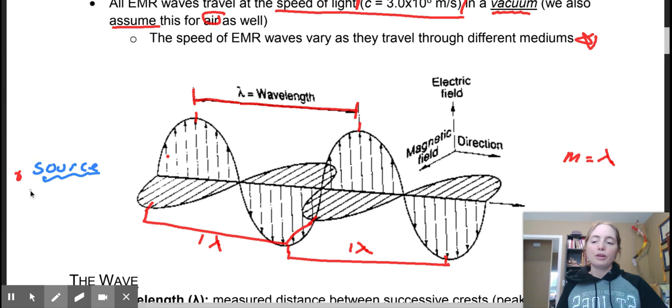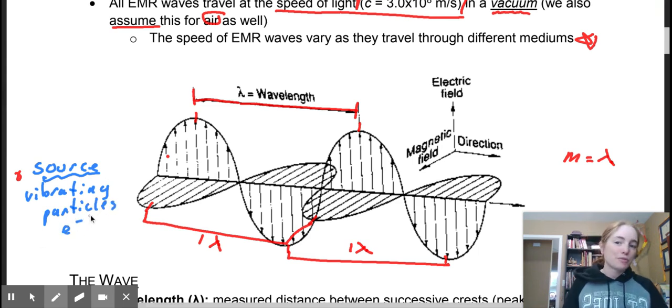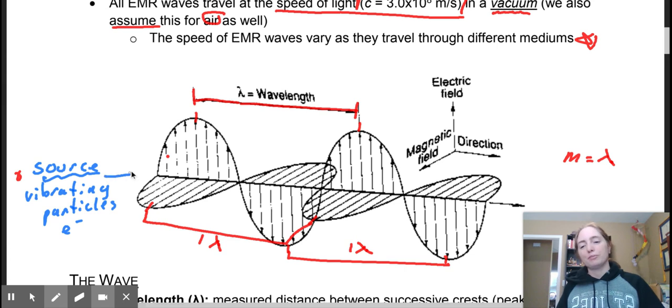This is going to be your vibrating particles. Okay. So your electrons, if it's going to be producing light via electricity, your vibrating or accelerating particles, are going to have your changing electric or magnetic fields, and it will be where it's going to produce that wave.